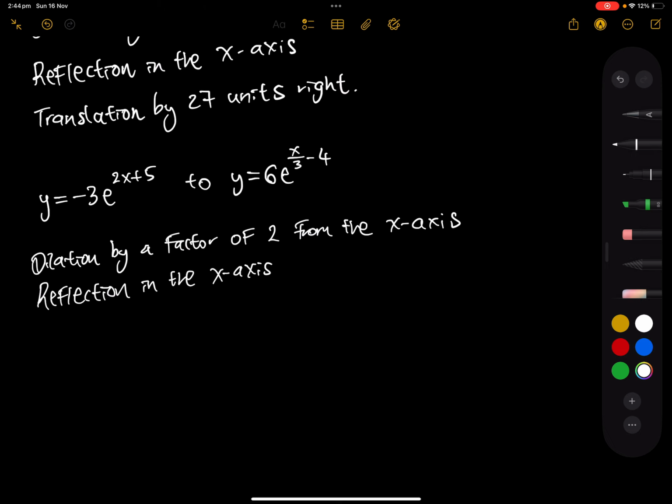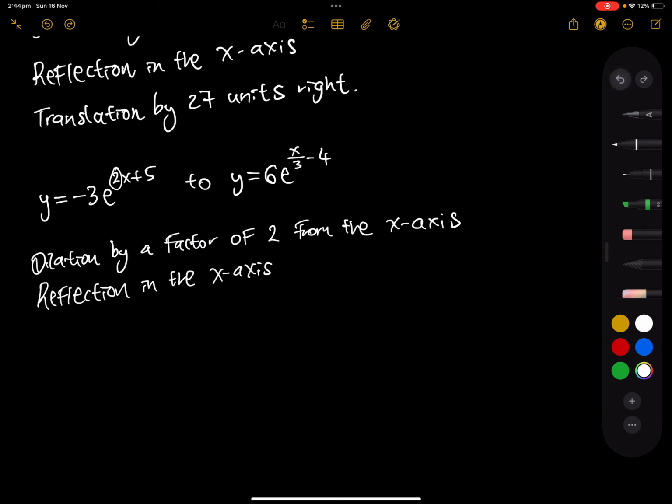We'll get to horizontal translation last. The next thing we want to do is to identify our dilation from the y-axis. So how do we go from 2 to 1/3?